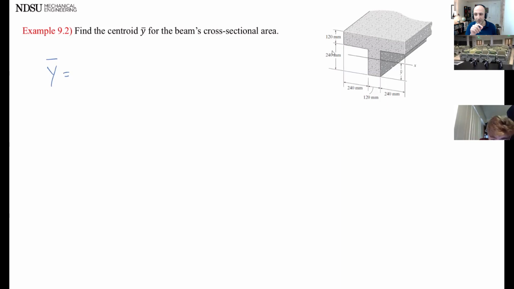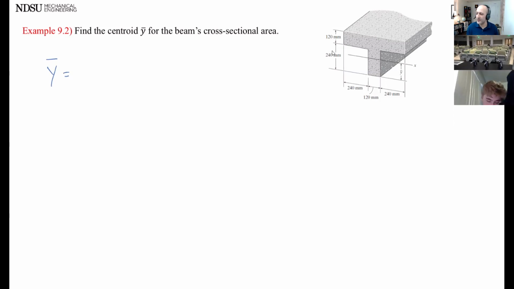All you have to do is flip one page and look at the Friday class. It's the integral of y tilde dA over the integral of dA.